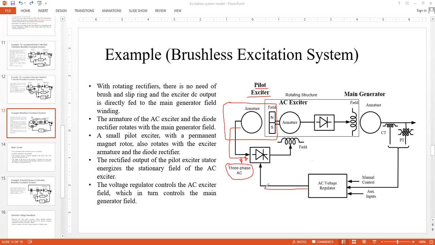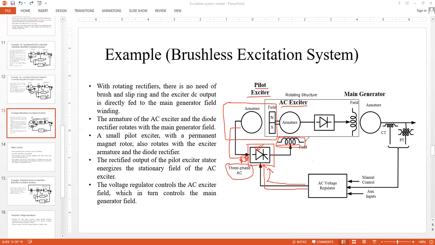This provides the firing angle control for controlling the field of the AC exciter. Basically, you are controlling the excitation of the AC exciter with the help of this controller. This is the firing angle, whereas this is the actual voltage fed to the controller.